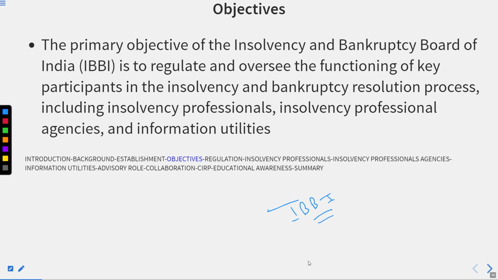The primary objective of the Insolvency and Bankruptcy Board of India is to regulate and oversee the functioning of key participants in the insolvency and bankruptcy resolution process, including insolvency professionals, insolvency professional agencies, and information utility, in short known as IU. In the previous lecture, I told you that this is a time bound process.